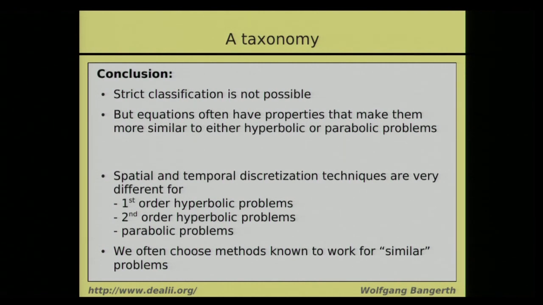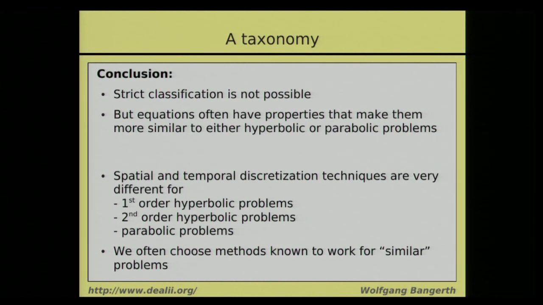So the conclusion of this is that when you see an equation that is time-dependent, let's say you talk to somebody in the applied sciences, a geoscientist, or somebody from the atmospheric sciences, and they give you an equation, then oftentimes these equations do not satisfy a strict classification. You cannot always say that just because they have second spatial derivatives they are parabolic.